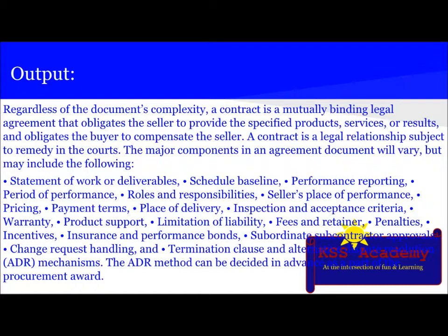The major components in an agreement document will vary, but may include the statement of work or deliverables, schedule baseline, performance reporting, period of performance, roles and responsibilities, seller's place of performance, pricing, payment terms, place of delivery, inspection and acceptance criteria, warranty, product support, limitation of liability, fees and retainers, penalties, incentives, insurance and performance bonds, subordinate contractor approvals, change request handling, termination clause, and alternative dispute resolution, also known as the ADR mechanism.